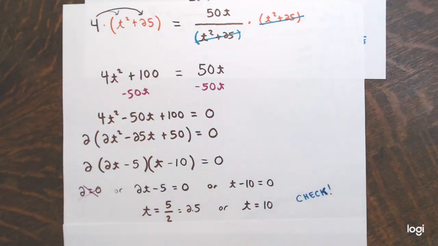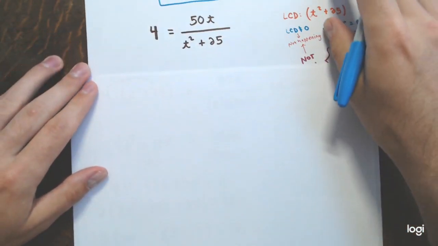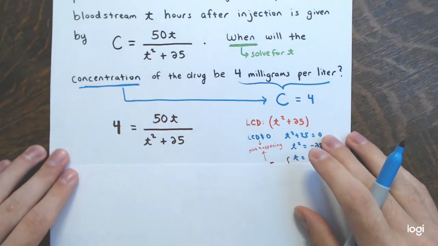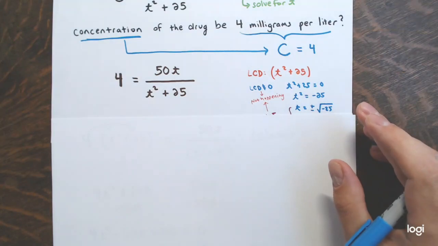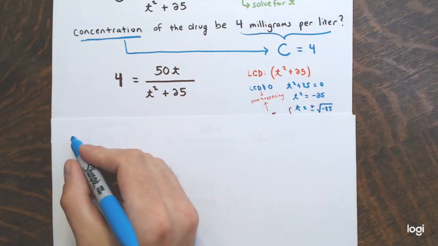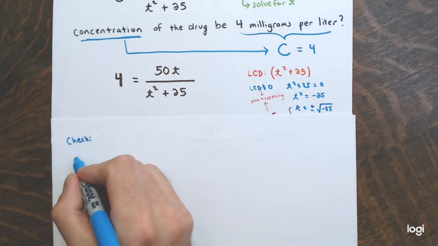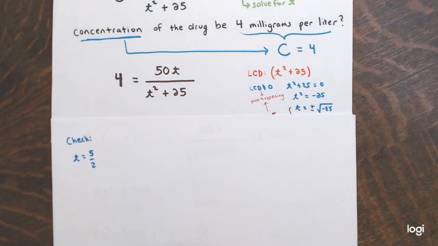Alright, so I check these back in the original equation, which was this guy way back up here, when I replaced the concentration with 4. So this 4 equals 50t over t squared plus 25. So let's check. The first one was t equals 5 halves, or 2.5.